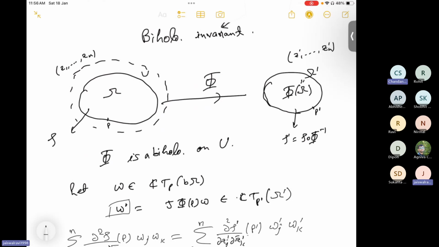That's why I have taken phi to be biholomorphic on U. So phi is smooth on a bigger neighborhood, not just in omega. By biholomorphic, I mean it is biholomorphic on some neighborhood of omega closure, because otherwise, as you mentioned, it may fail.